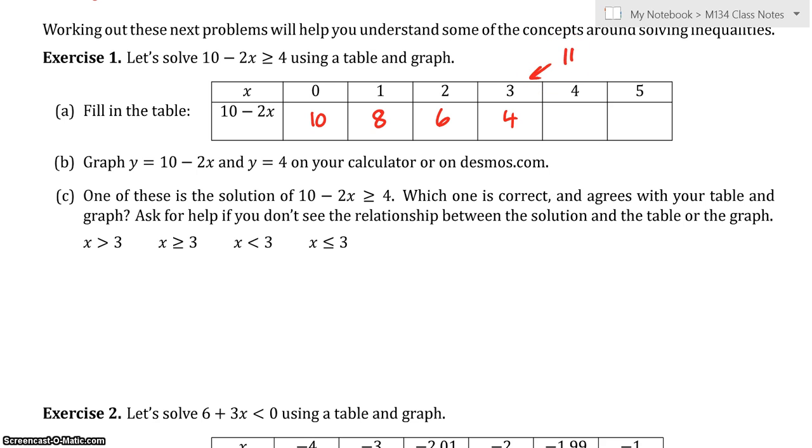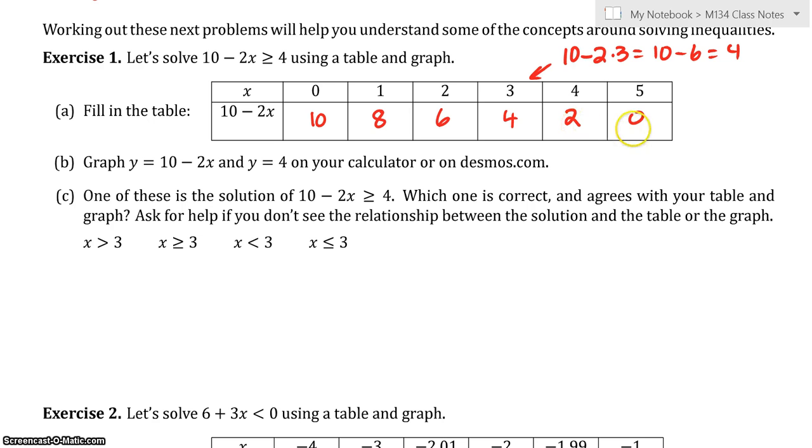Again, just to see that, if you want to see one, 2 times 3, which is 10 minus 6, which is the 4. Plug in a 4, you get 10 minus 8, which is 2. And then plug in a 5, you get 10 minus 10, which is 0. So we want to know, when is this bigger or equal to 4? It looks like this expression is bigger or equal to 4 here, here, here.